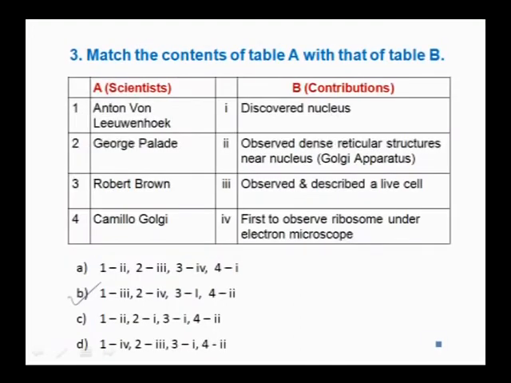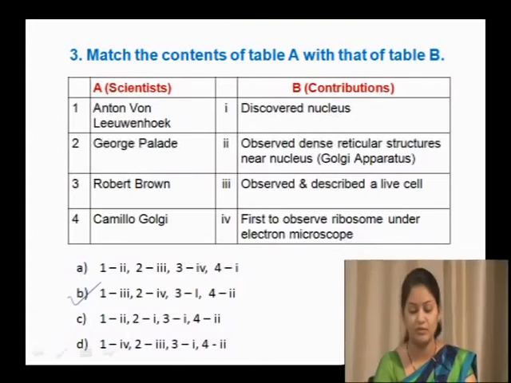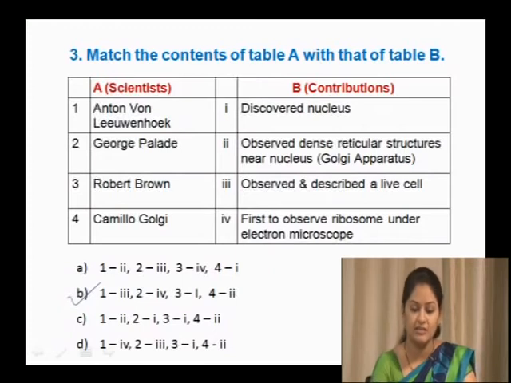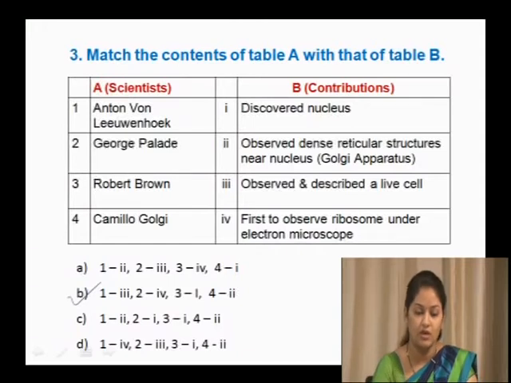Here comes the third question, that is to match the contents of the table. Table A indicates the names of the scientists and table B indicates the contributions of those scientists. So, first comes Anton von Leeuwenhoek, second George Palade, third Robert Brown and fourth Camillo Golgi.